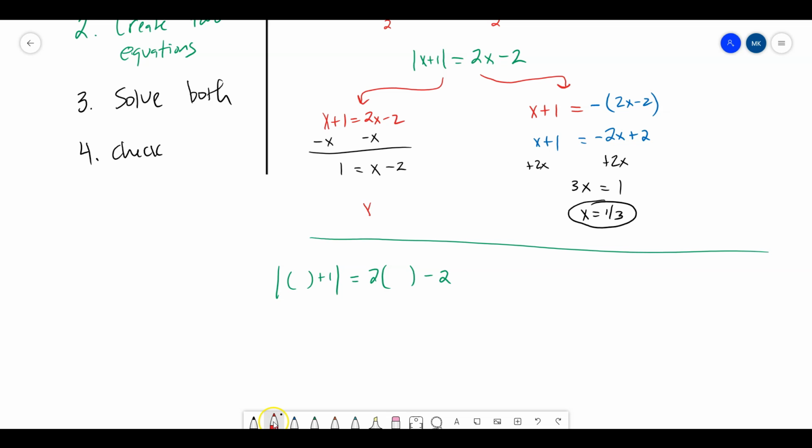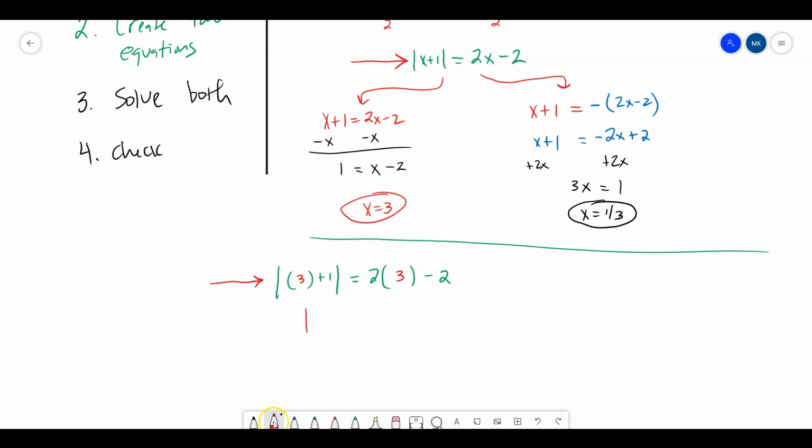The first answer here was x equals 3. So let's check x equals 3 in this equation right here. I'm just going to plug in 3 for my x, and then I'm going to make sure that the left-hand side equals the right-hand side.